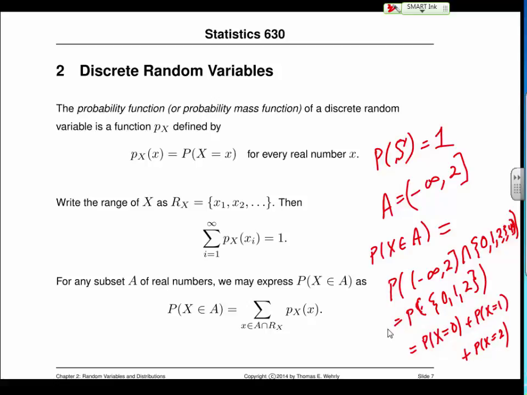So that will give me the probability that x is in the set from minus infinity to 2. And for notation, often I'll write that as the probability that minus infinity is less than x is less than or equal to 2.